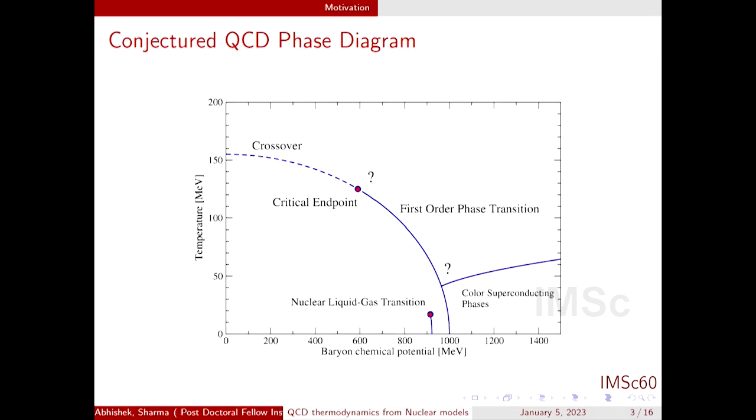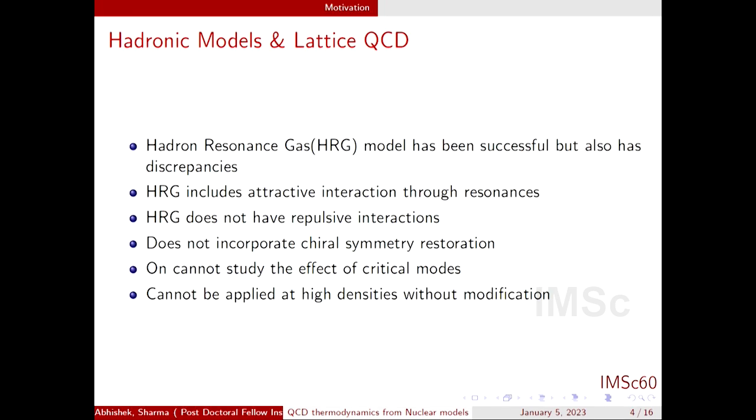If you look at this phase diagram, if the critical endpoint exists, then one expects certain fields to become massless as one comes closer to the critical endpoint, and it is expected to have experimental signatures. But because chiral symmetry is not included in the HRG model, one cannot study the effect of these critical modes.